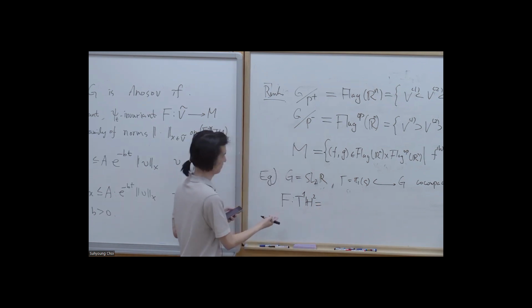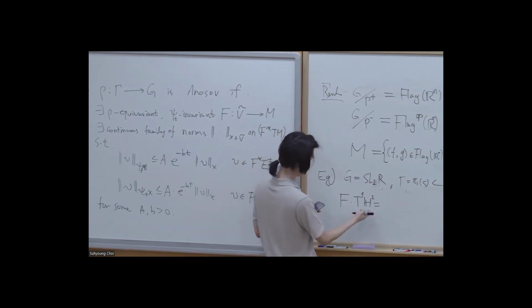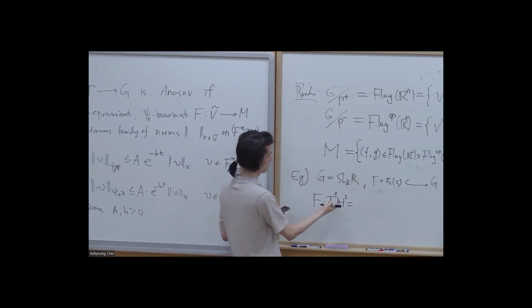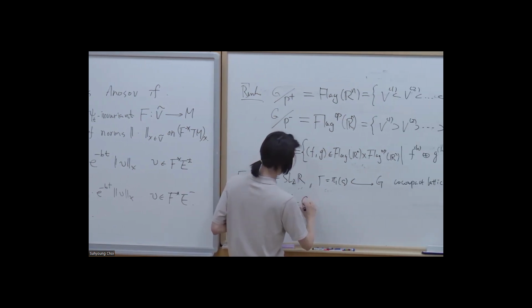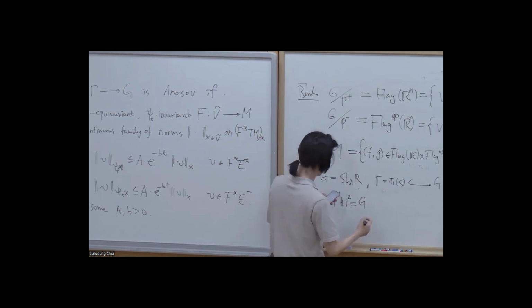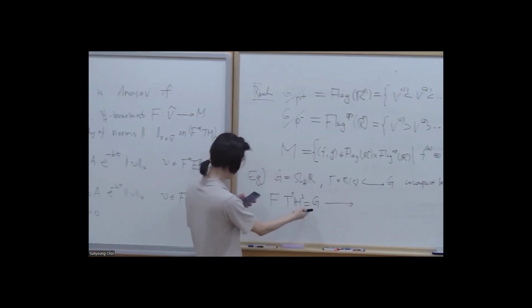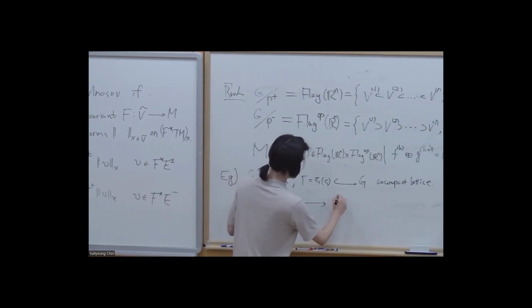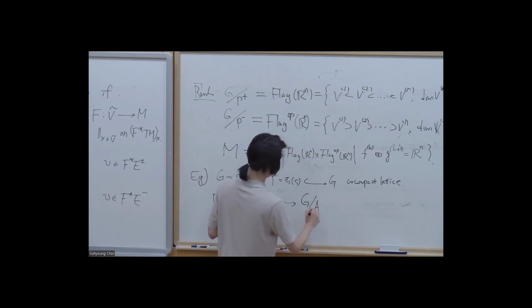I don't know whether you know this, but the unit tangent bundle of H^2 can be naturally identified with the PSL_2R group itself. So we just use this identification, and G mod A will be just a projection map.